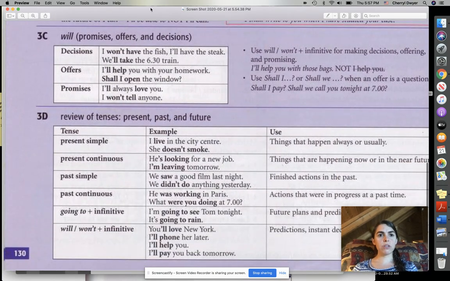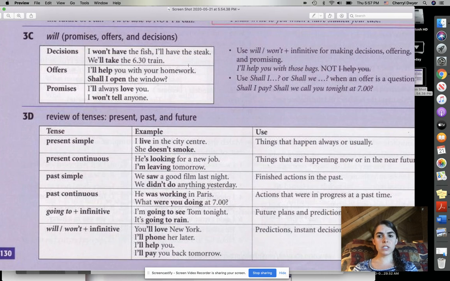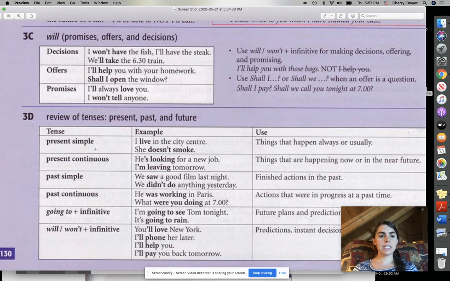Okay, so the first tense that we learned at the beginning of the year, right, was present simple, right? That's usually the first tense you learn when you're speaking in English, right? Something that is happening, right? It talks about the use right here in this column over here.